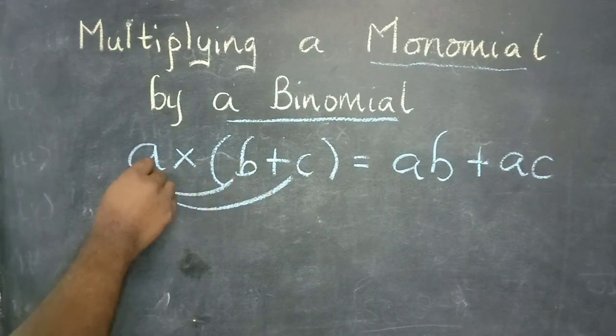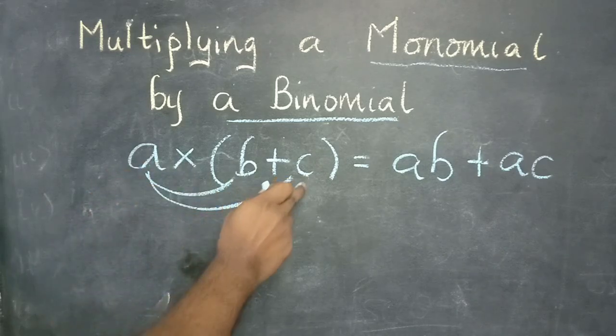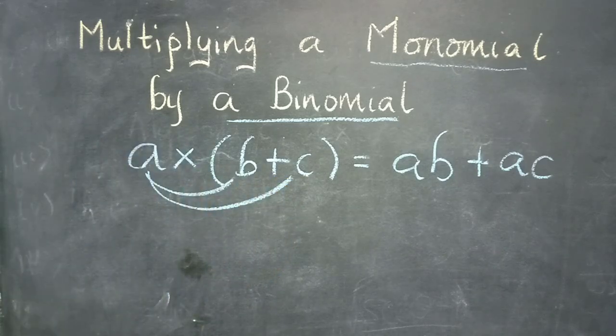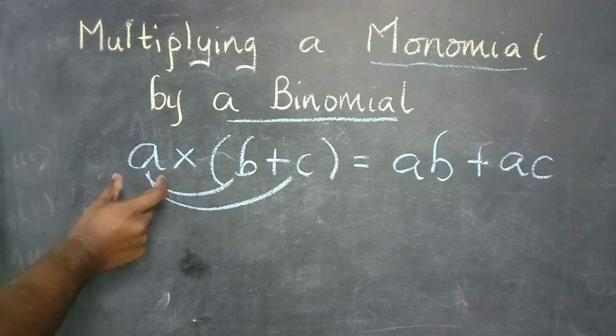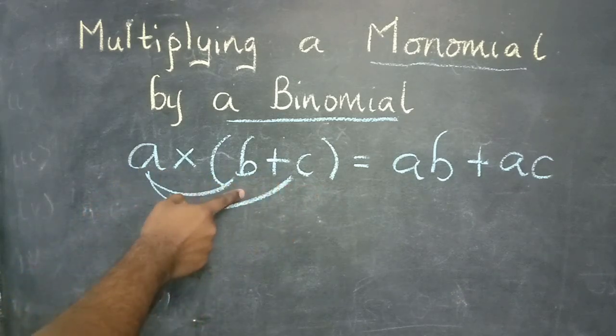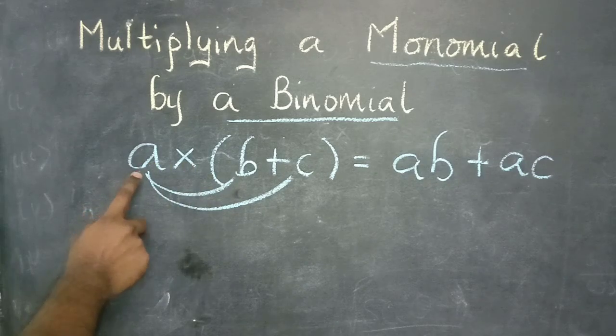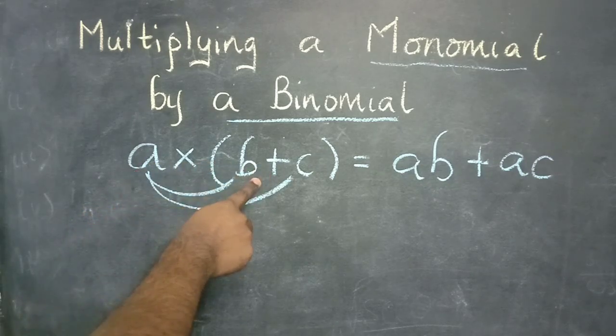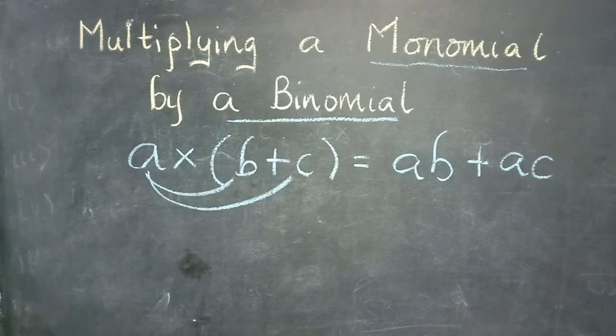This is called the distributive law for integers. In the same way, consider a as monomial, b plus c as binomial. When we are multiplying a monomial by a binomial, we use distributive law.